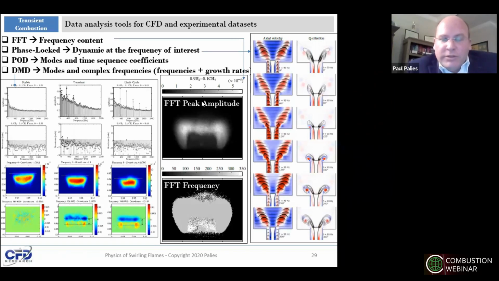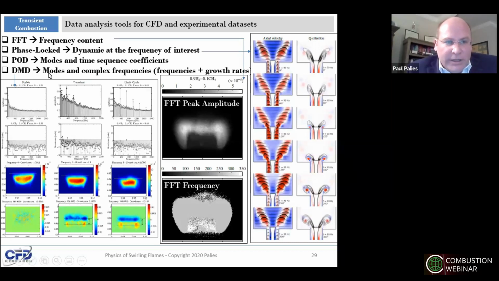That helps to identify which region of the flame oscillates at which frequency and to describe the underlying mechanism. Then you have phase lock data that can be conducted once you identify the frequency, to describe what dynamic is occurring at that particular frequency. This is done on the right of this slide for another swirling flame.